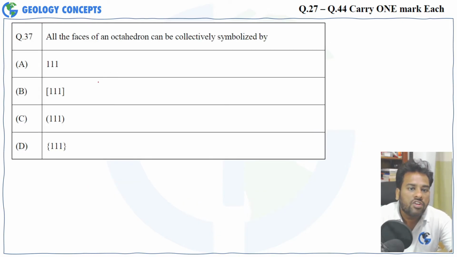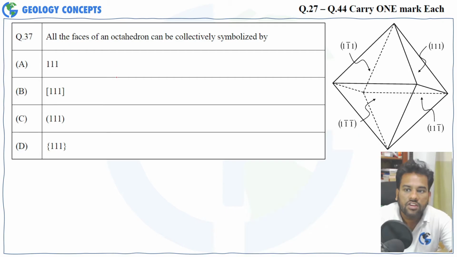All the faces of an octahedron can be collectively symbolized by. If you look at an octahedron here, it has this face which is 1 1 1, the bottom face which is 1 1 bar. So this can be represented by a family of planes. Family of planes 1 1 1 can, because it contains all the combinations. Like it will have 1 1 1 bar, it will have 1 1 bar 1, it will have 1 bar 1 1.